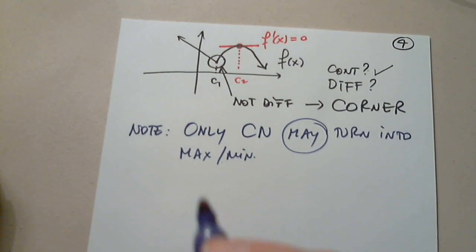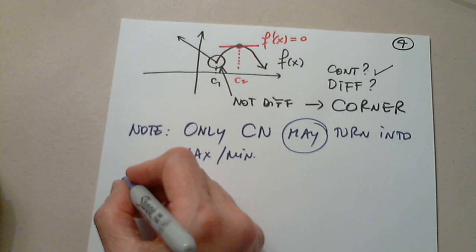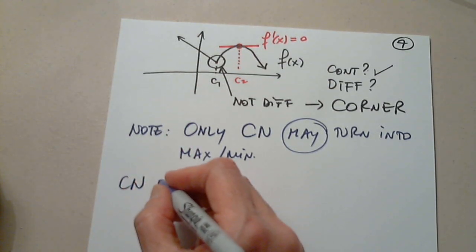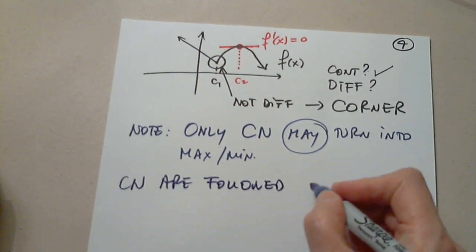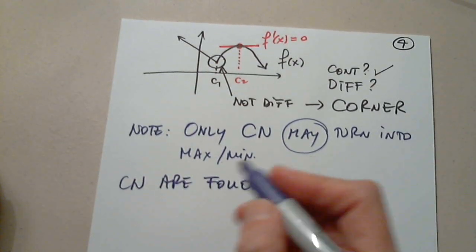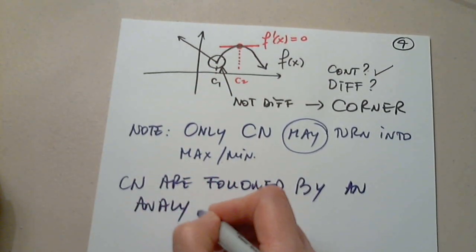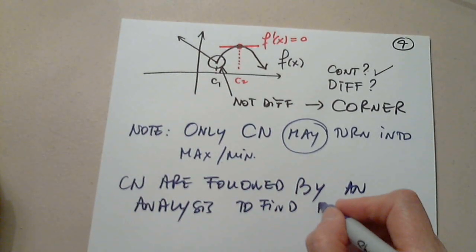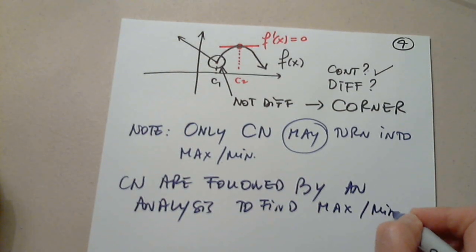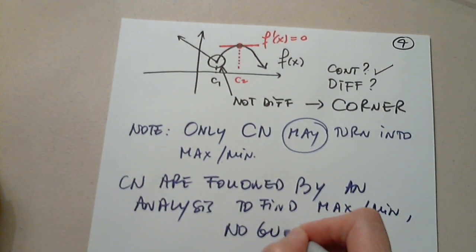So here's another note. Critical numbers are followed by an analysis to find max-min. No guarantee.